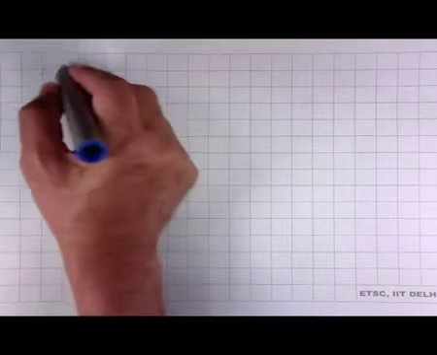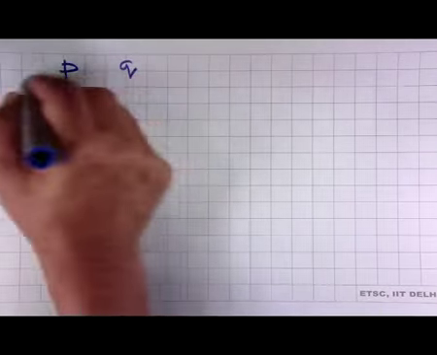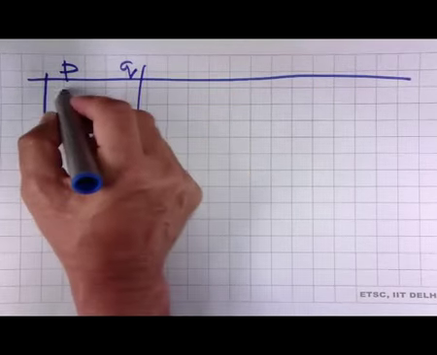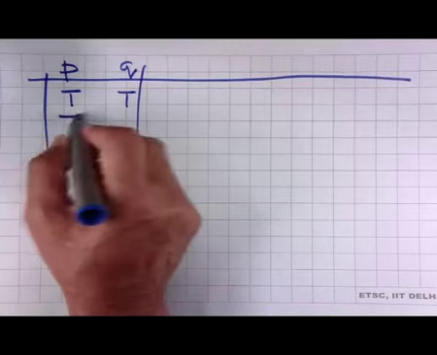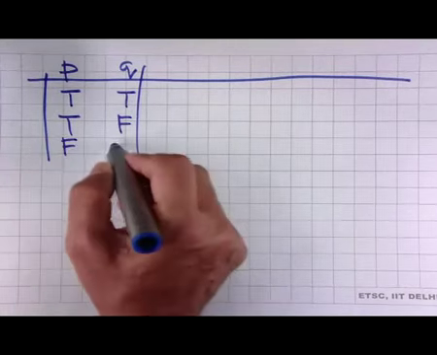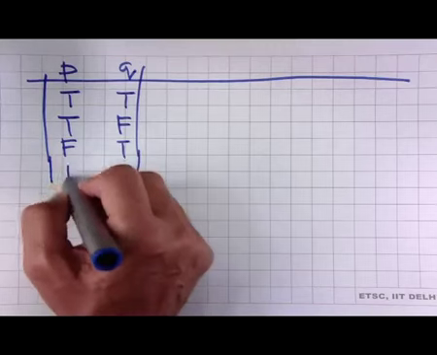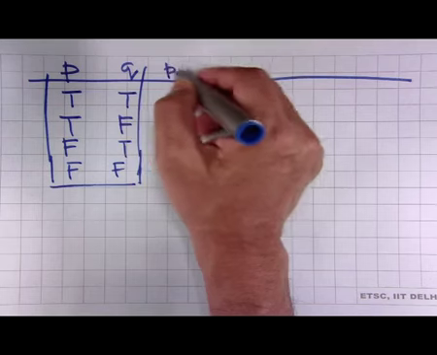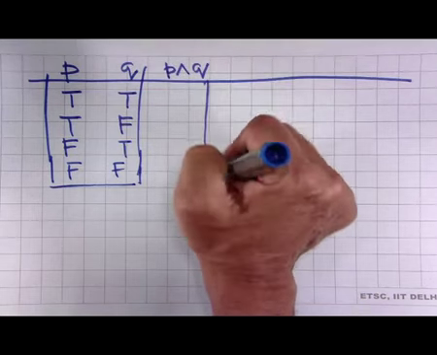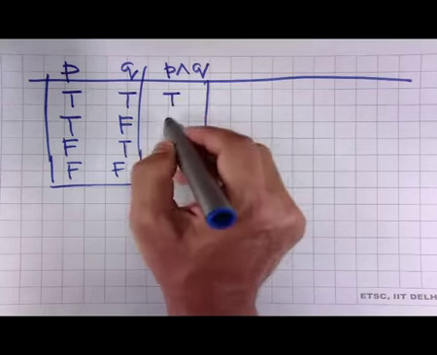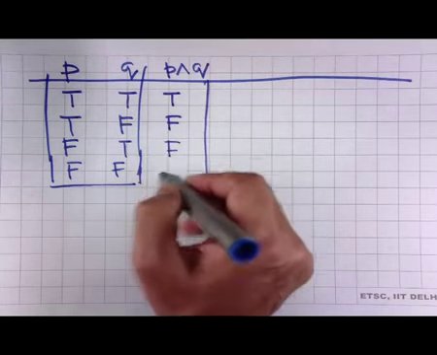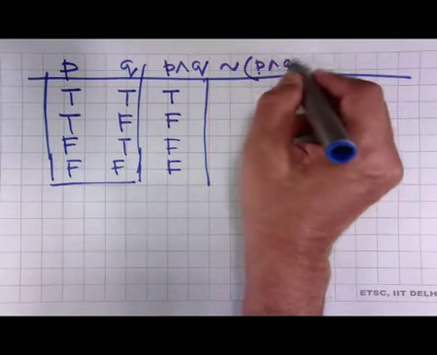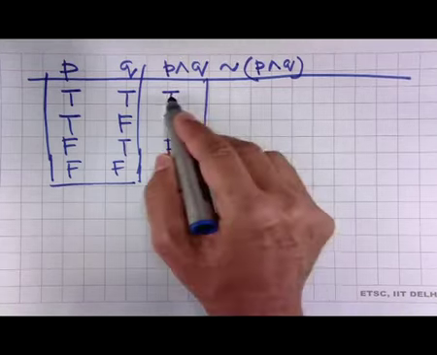So, consider P, Q. We know that P and Q together have 4 different truth values: T T, T F, F T and F F. We know that P and Q will have the following truth value: T, F, F, F. Therefore, negation of P and Q will have the truth value just opposite of this.